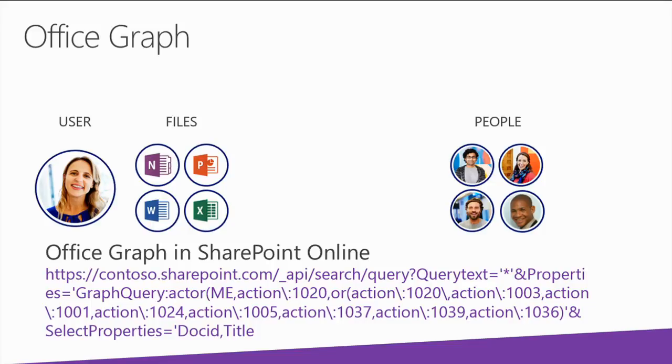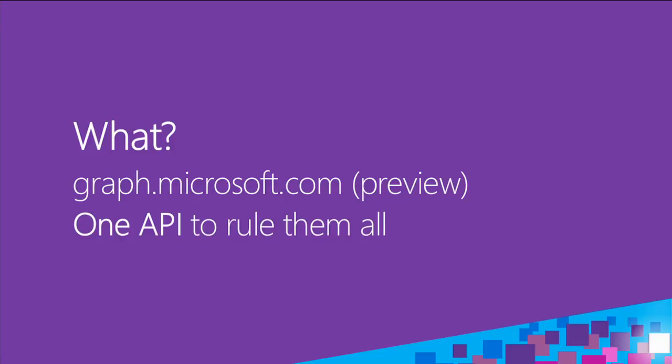It's a pretty complicated query in order to get that information. So you get the point. It's pretty difficult. So what we're introducing this week, actually last week at Build, is a preview of a unified API. One API to federate and aggregate the data across all of these different disparate services into one single endpoint.